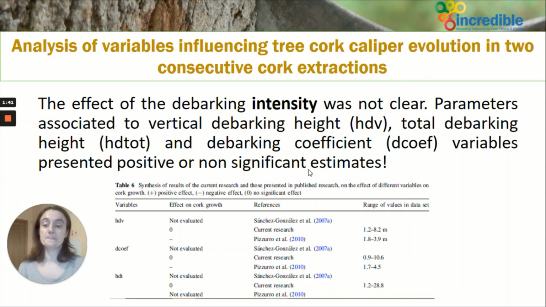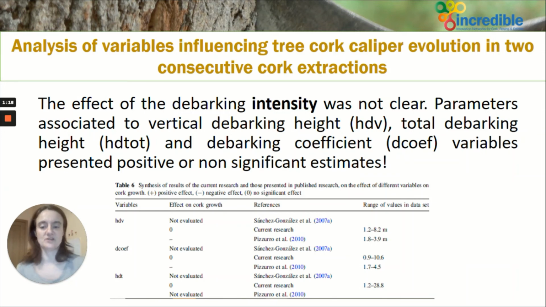Regarding the debarking intensity, what we saw was that our results pointed either to an insignificant effect, or in fact sometimes we found a positive effect on the coefficient that was fitted in the model.